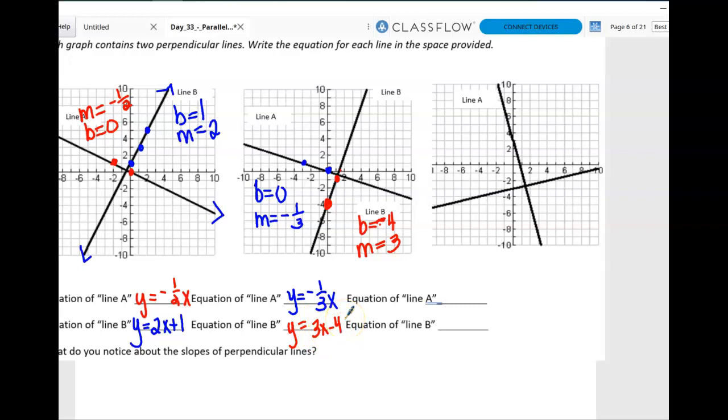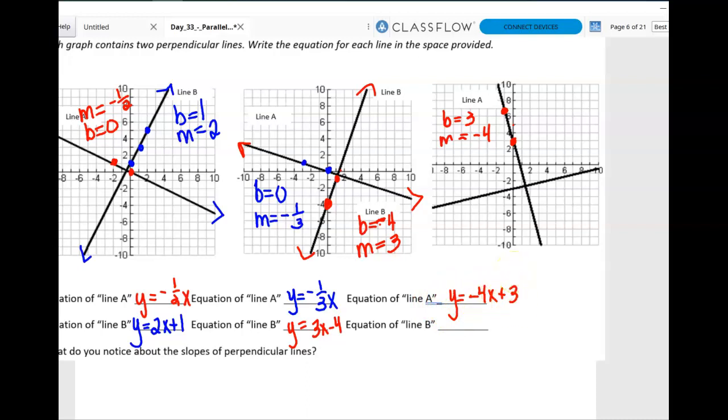Now the third example that we have, line A, our y-intercept is going to be at 3, so our b is 3, and our slope, we're going to rise 1, 2, 3, 4 over 1. So our slope is going to be -4. When we write the equation of that line, it's y equals -4x plus 3.